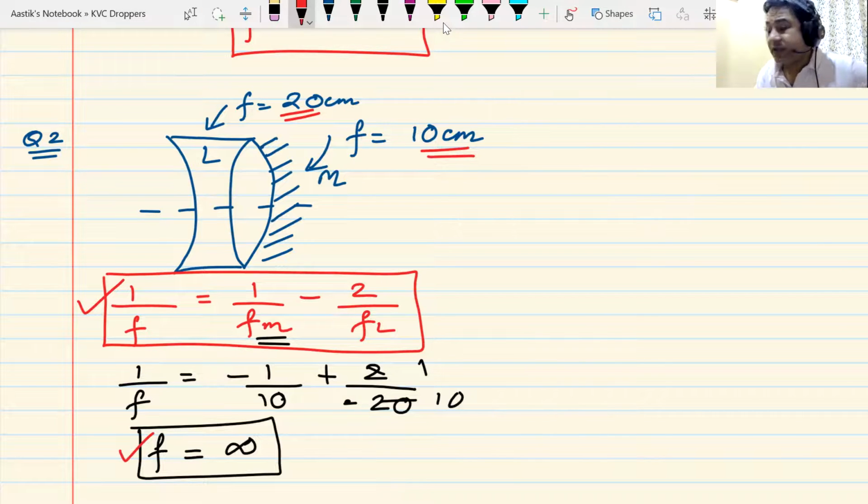Remember, any combination of a lens with a mirror will always behave like a mirror. Can you remember this? You might not get many numericals on this, but I am very sure that you will get questions on this. Will you be able to attempt those questions? Yes or no?